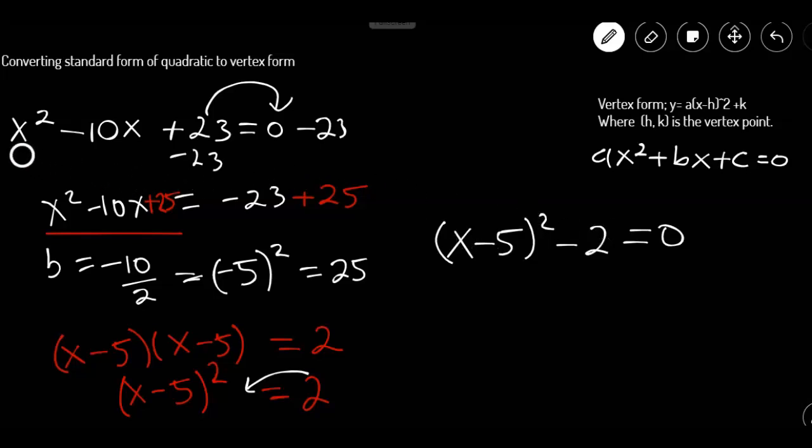So we are able to change this standard form to this vertex form here. The vertex point is here: you see that negative 5, but when it comes here, it's going to be positive 5 and negative 2. So this is the vertex point.